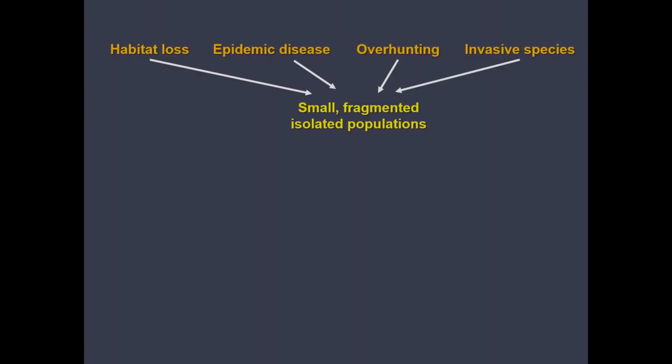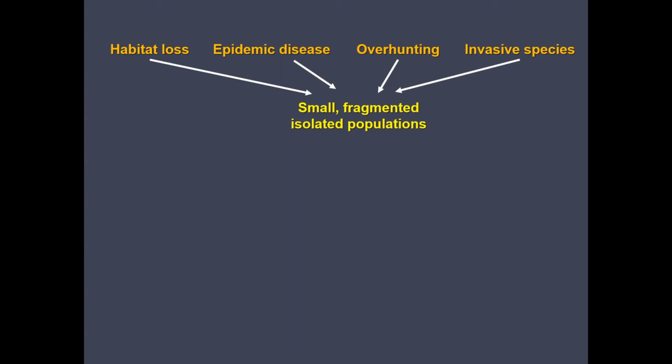All right, so we can imagine that a population becomes small originally because of processes like habitat loss, potentially epidemic disease, over-harvest, or invasive species taking over a landscape.